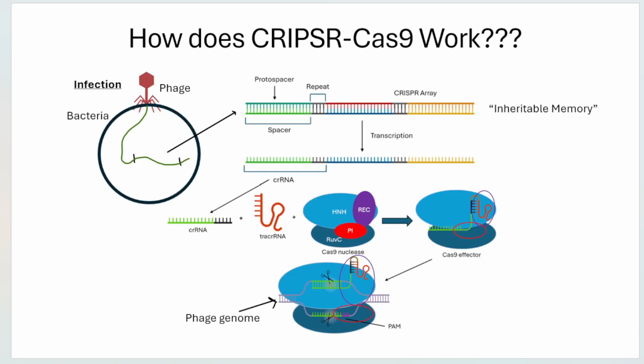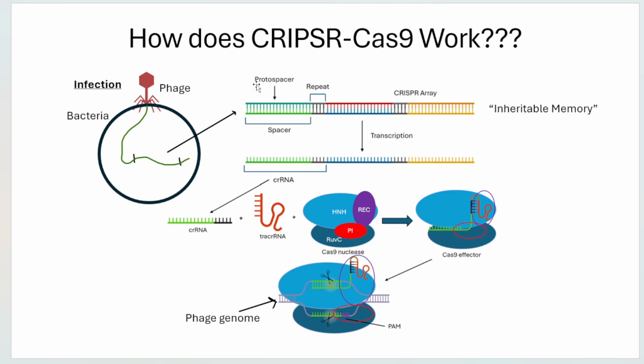So how does CRISPR-Cas9 work? When the phage infects a bacteria, proteins from the CRISPR-Cas system will take a chunk of the phage genome and incorporate it as a protospacer, this top sequence there, inside the CRISPR array, which is literally the inheritable memory.